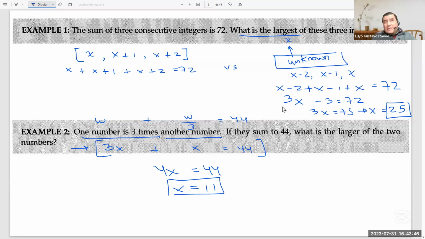The unknown is the larger of the two, so it would be 3 times x. So the correct answer would be 33, 3 times 11. Okay, so let's take this into account. In order to save time, let's pick our variables wisely.